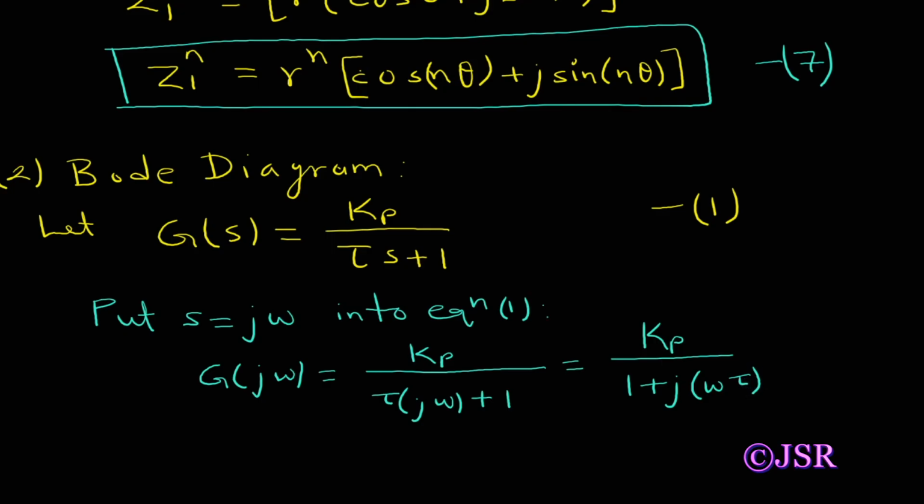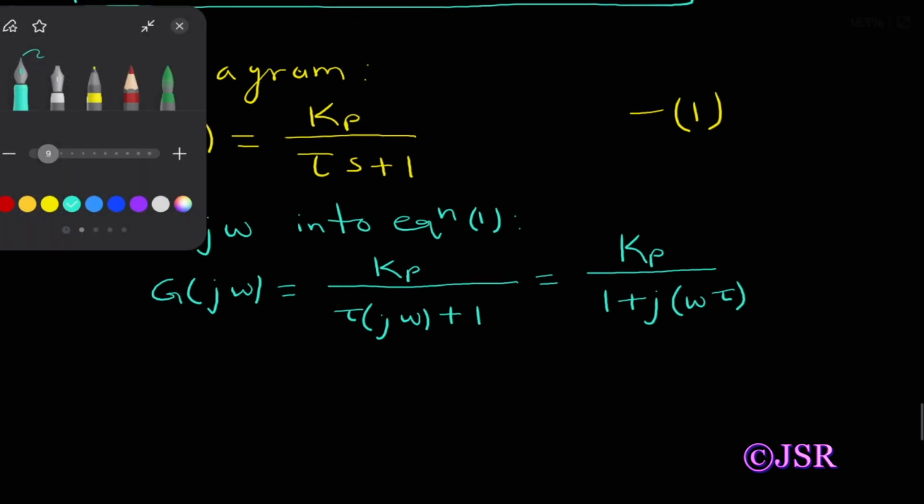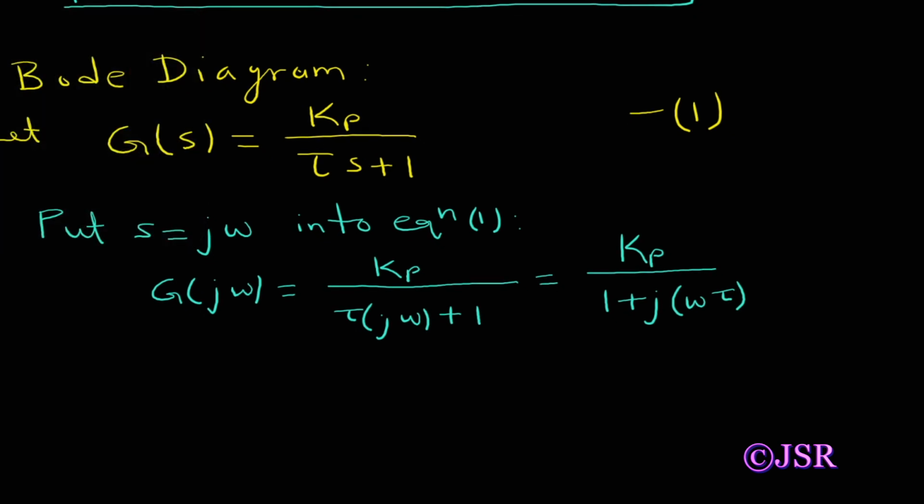So if we see here, G(j omega) is a complex number z, which is in the form of 1 upon another complex number, that is 1 plus j omega tau, right?